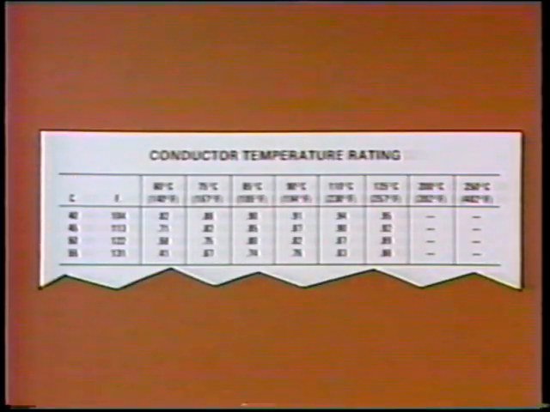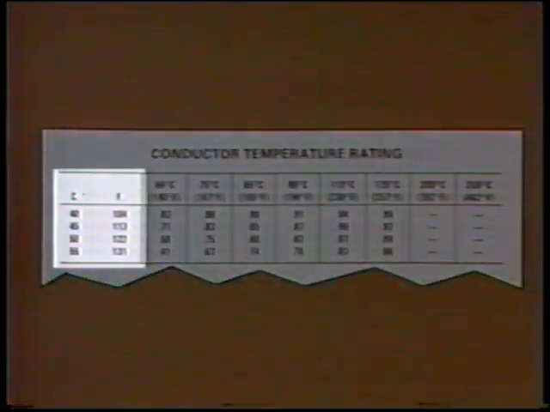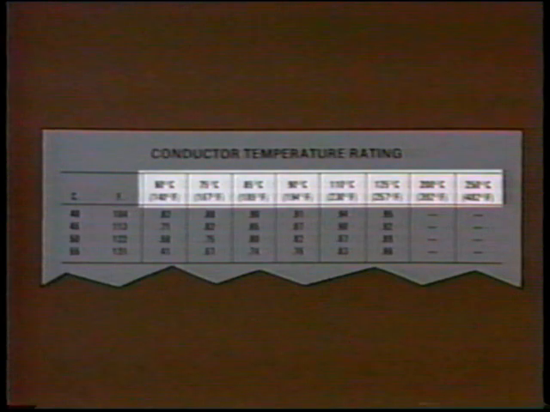Here's a derating chart. It lists correction factors for ambient temperatures that exceed the established standard of 86 degrees Fahrenheit. The chart is set up this way. In the column on the far left, there's a list of temperatures given in degrees centigrade and Fahrenheit. Across the top, from left to right, are the maximum operating temperatures for the conductors.